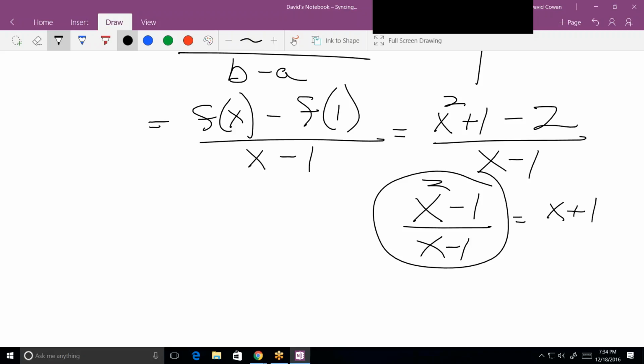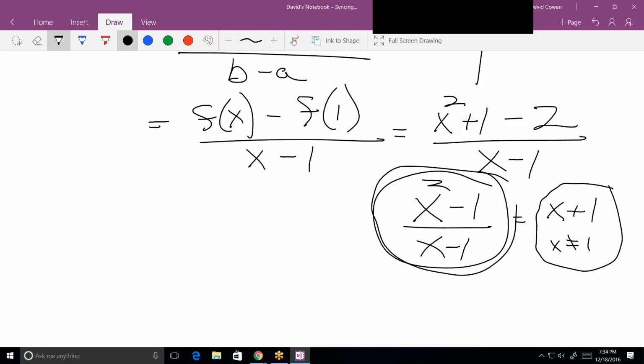Not quite. They're not totally equal, even though I put an equal sign there. Now they're totally equal. In other words, this is equal to this, because I added the domain restriction that does not go away just because I canceled this term out. Notice it's perfectly okay for x to be 1.